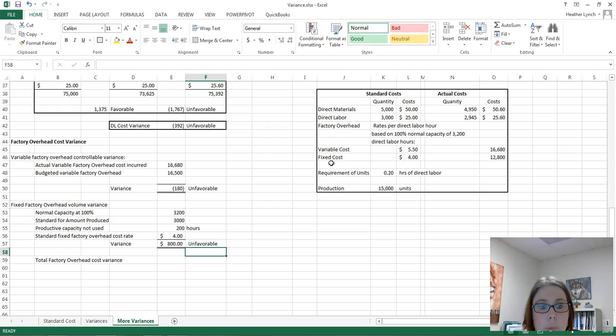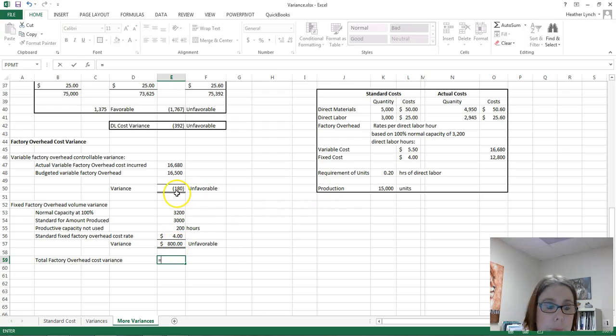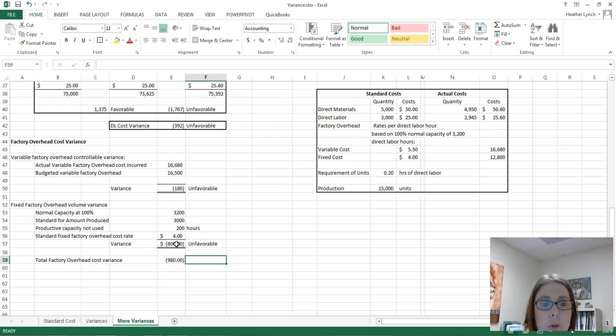So then our total factory overhead cost variance, since both of these are unfavorable, let me go ahead and put this as a minus. That helps. And then we can add those. For our total factory overhead cost variance, we are 980 unfavorable.